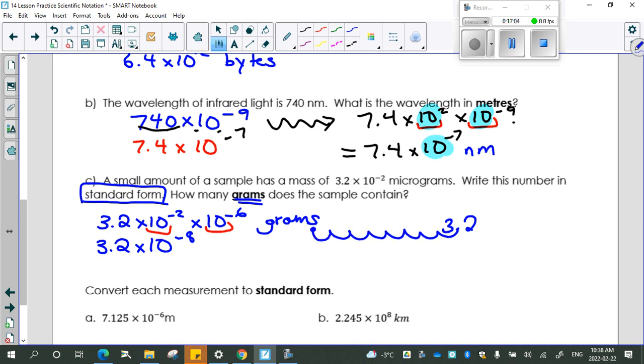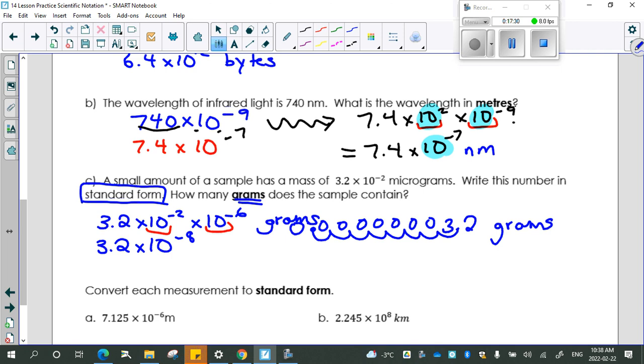So that's where my new decimal place goes. 0.000000032 grams. So it should be a 0 decimal, and then 1, 2, 3, 4, 5, 6, 7 zeros, and then 32 grams.